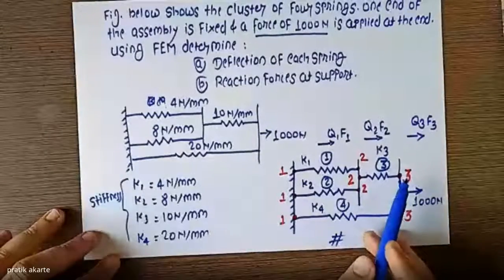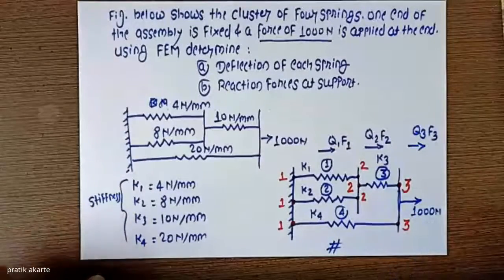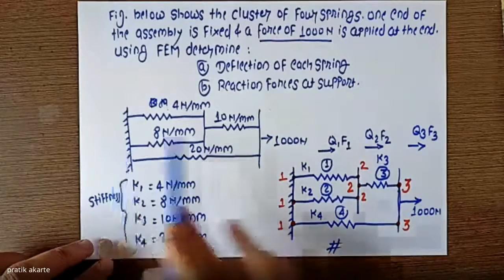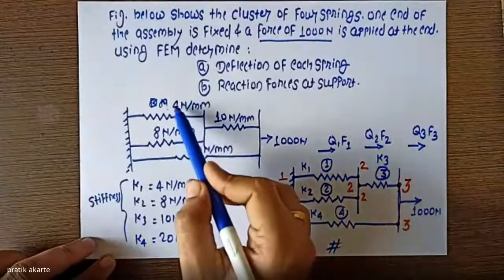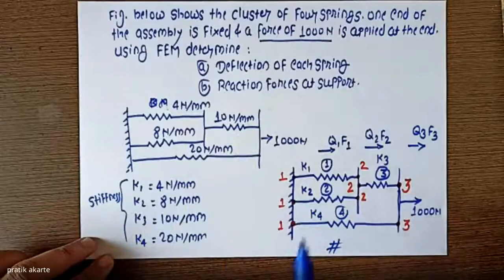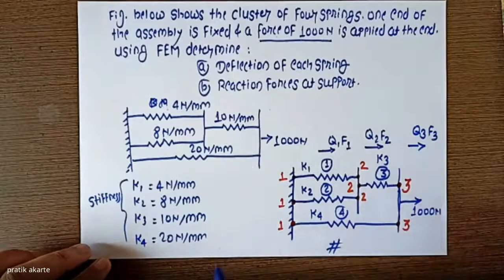So this is one thumb rule, a logical way to give numbers to the elements: left to right and top to bottom. So these are element number 1 and element number 2. Now, of the two remaining elements, which is to be numbered 3 and which 4?